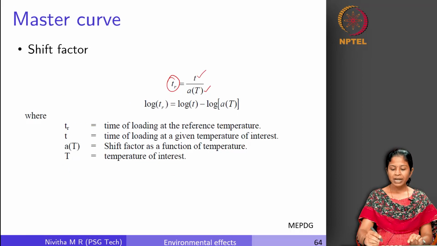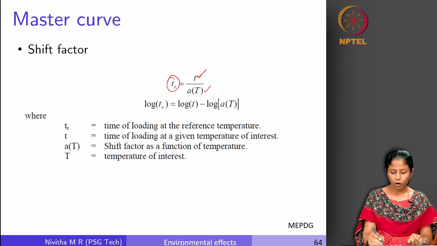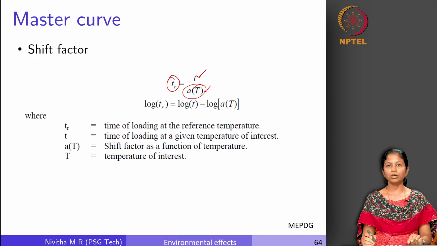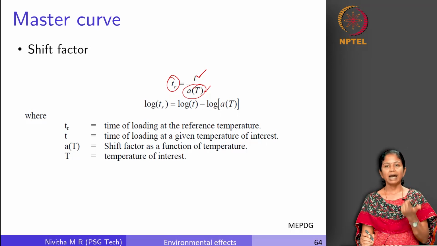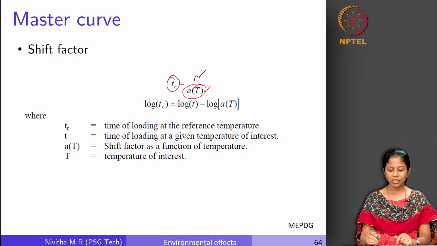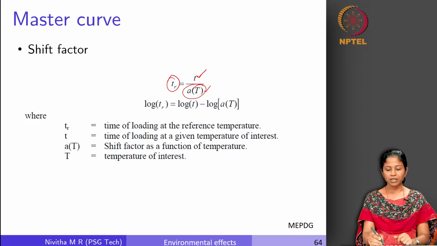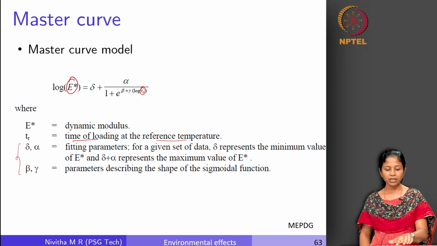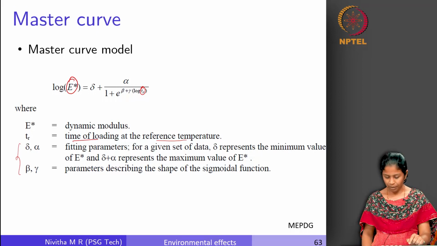This time includes the effect of frequency at the given temperature, and it also includes the effect of temperature through this shift factor, because we said the shift factor is defined based on the temperature of interest and the reference temperature. So the effect of temperature is taken into account here through the shift factor, right. This is how the shift factor is used to calculate the TR value. Once the TR value is known, it is used in this equation to compute the dynamic modulus.